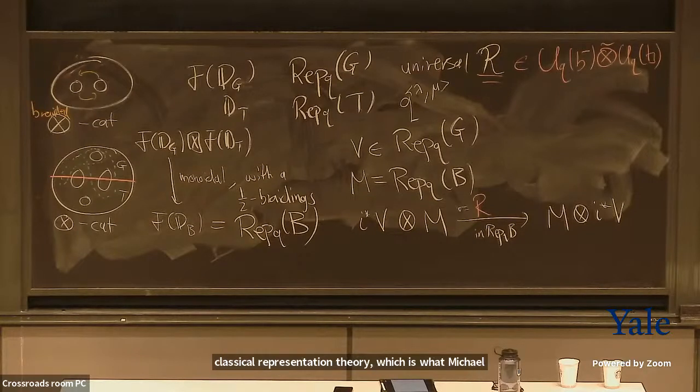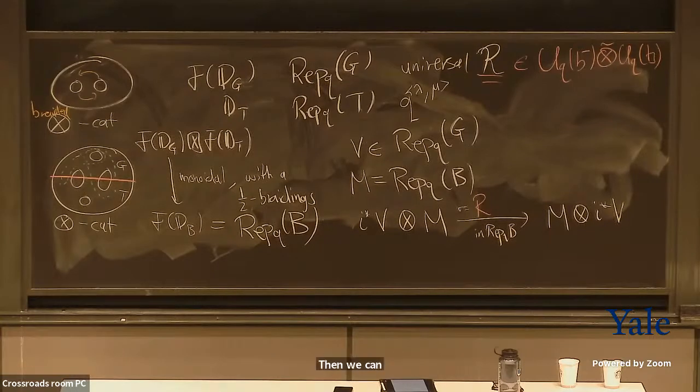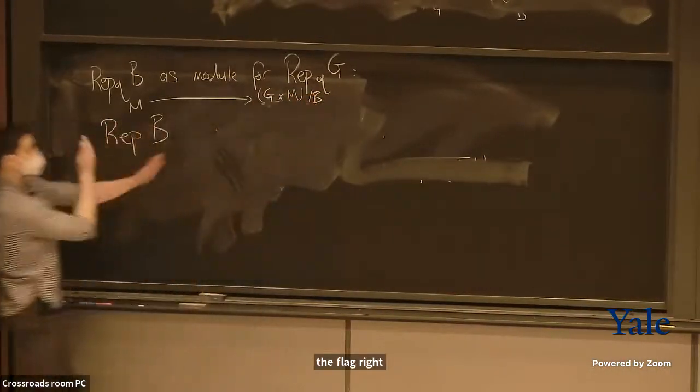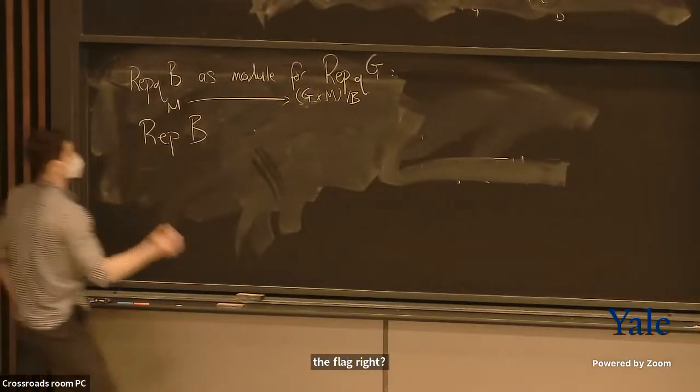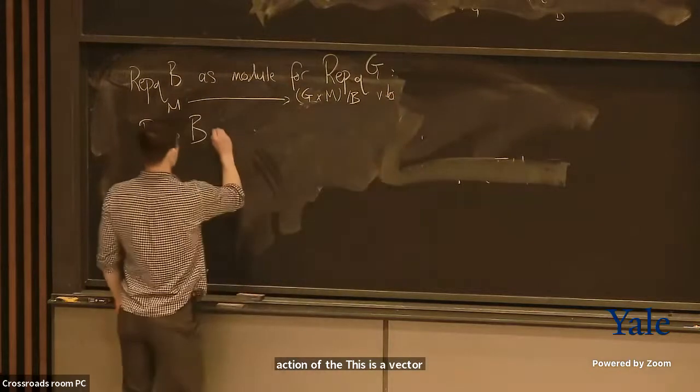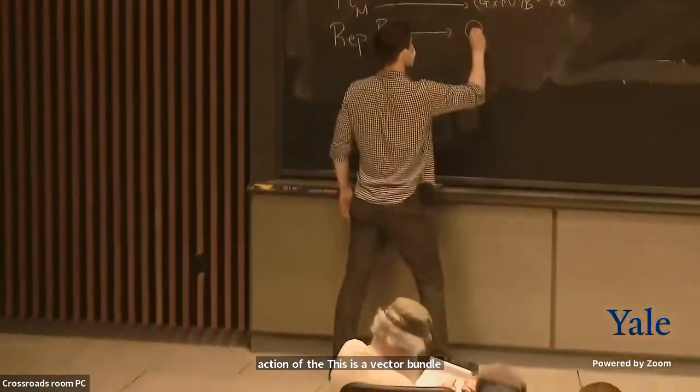If we have a representation M of the Borel subgroup B inside of G, then we can form a G-equivariant vector bundle on the flag variety by taking the quotient of G cross M by the diagonal action of B.